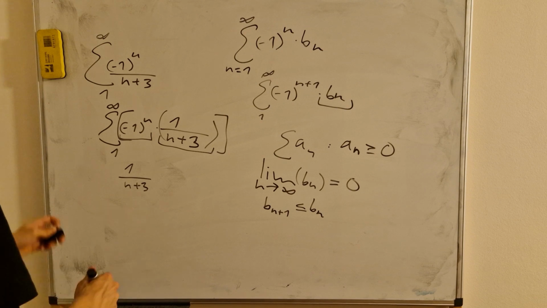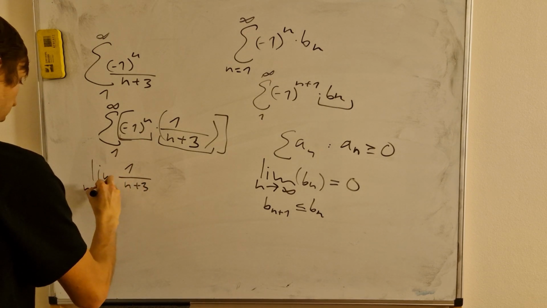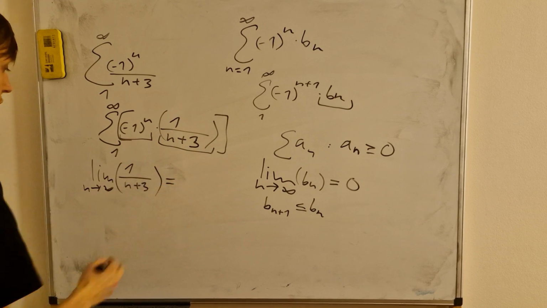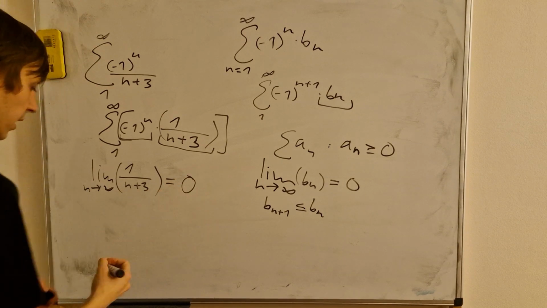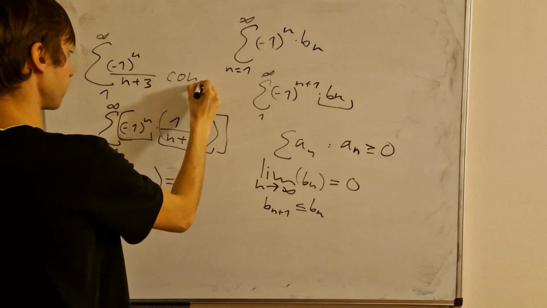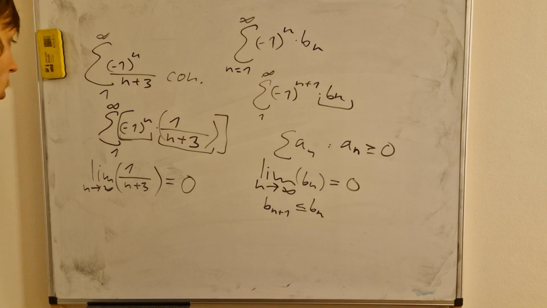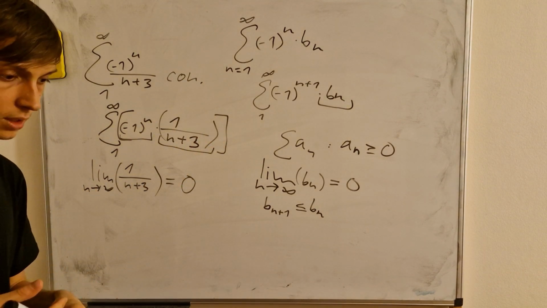The last thing we have to check is the limit at infinity. What is it going to be? 1 over a very large number, and that's 0, so yes, it's satisfied. What that tells us is that this converges. It's interesting, because this reminds us of the harmonic series.